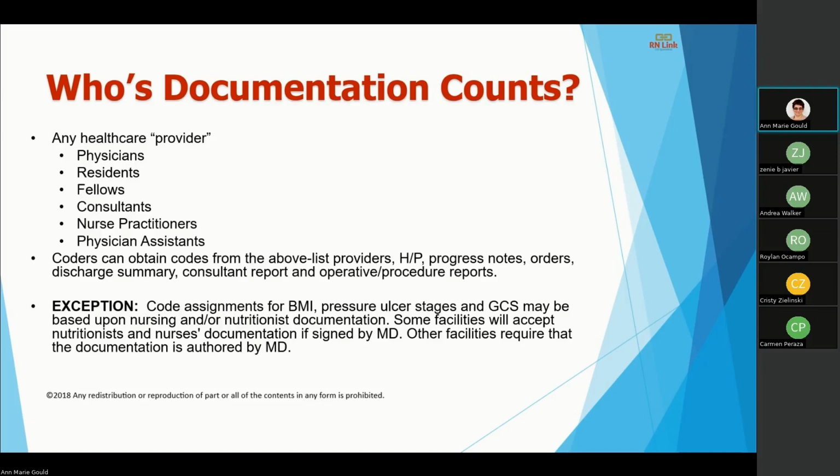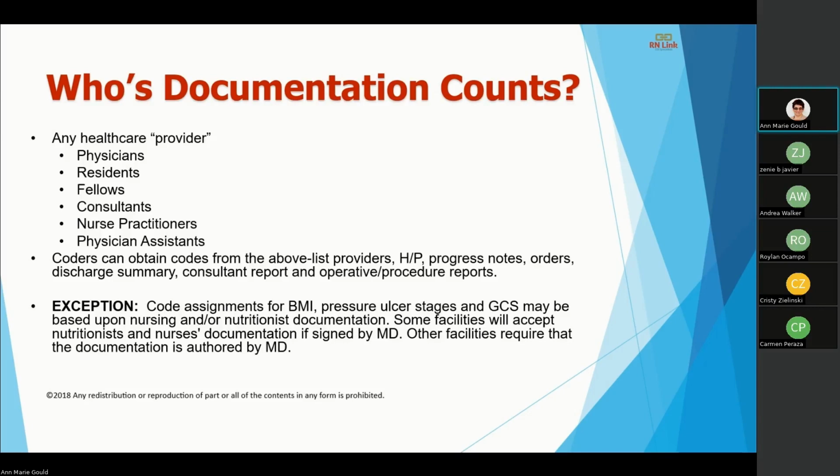When it comes to your BMI, your pressure ulcer stages, and your Glasgow Coma Scale, your GCS, it may be based upon the nursing and nutritionist documentation. Some facilities will accept nutritionists' and nurses' documentation if signed by the MD.